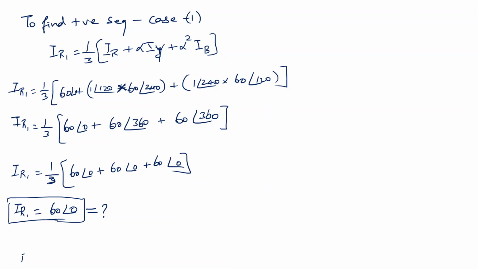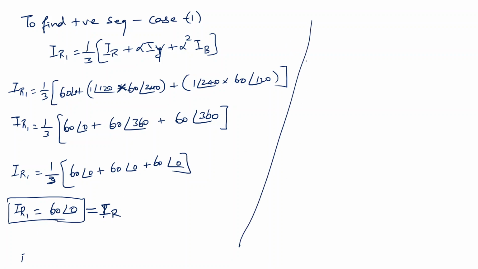That means if your unbalanced system can be represented by 3 balanced systems, and if the unbalanced system by chance is balanced, then your negative and zero will get cancelled, and all the current flowing in the actual circuit will flow in the positive sequence. So this is equal to the actual IR. IR1 is positive and IR is the same. So this is one observation.